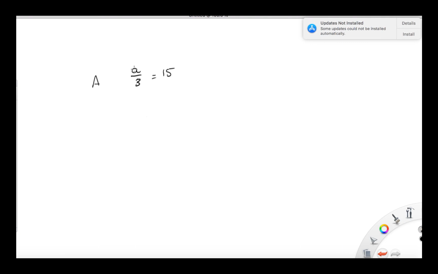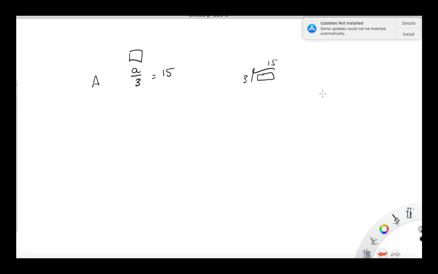Okay, so when we have something like this, and a is being divided by 3, we need a large number up here because the division problem is 3 divided by something, and it's going to equal 15.